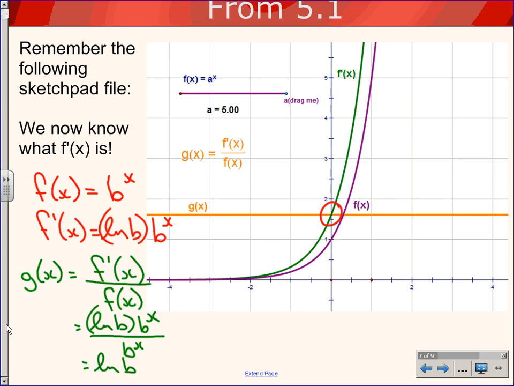So all along, the equation of that horizontal line was g of x equals ln b, which we didn't know at the time. But that was what was happening. And if b was e, if the base was e, then the derivative was exactly the same as the original function. The ratio would have gone right through 1 because ln of e is 1. If b is bigger than e, then ln of b would be bigger than 1. If the base is less than e, ln of b would be less than 1. And that was why we saw the ratio drop below.